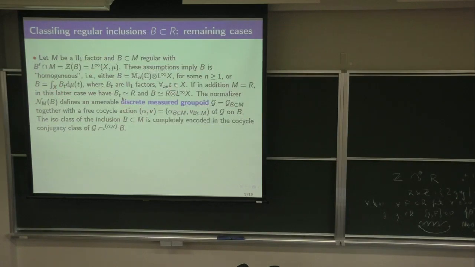You can write it as a measurable field of II1 factors, like an integral of II1 factors. This is all von Neumann. Actually, it's just von Neumann who did this first.